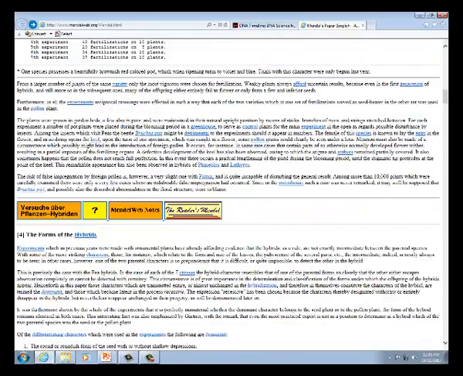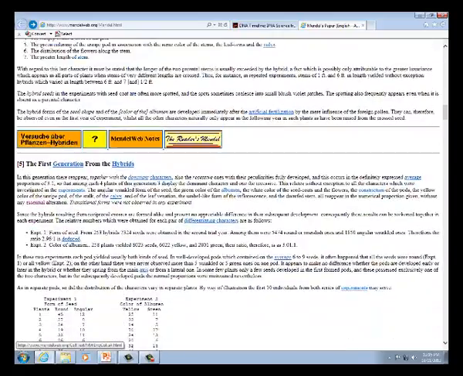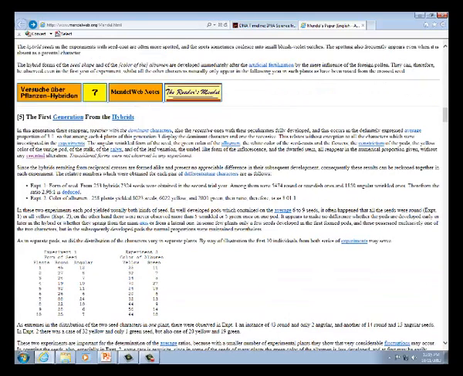And then very interesting, if you get a little bit further down, he actually talks about the results from his first generation of hybrids. So this is here in number 5. And here's experiment number 1, where he looked at the form of the seed. And this is what we looked at in class when we looked at the wrinkled seed coats versus the smooth seed coats. And he shows that he had 253 hybrids from which he obtained 7,324 seeds.